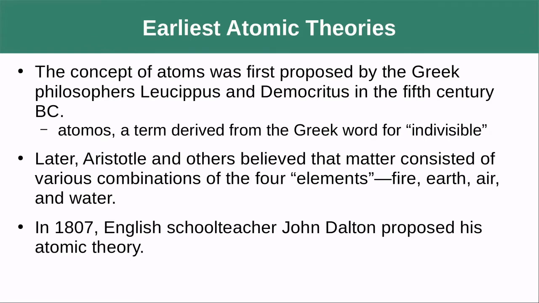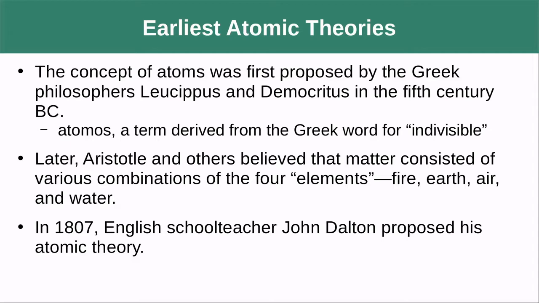The first concept of an atom came from ancient Greece, and the word came from the Greek word for indivisible. Basically what they were thinking about was, if you had a piece of lead, say, and you cut it in half, then you have two pieces of lead, both with the same kind of properties. But what if you just kept doing that, cutting it into smaller and smaller pieces?